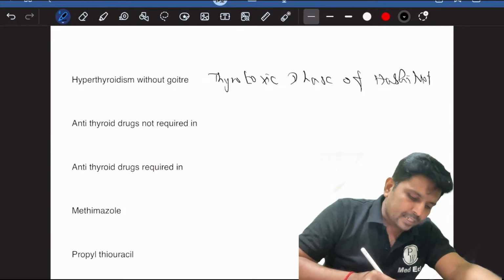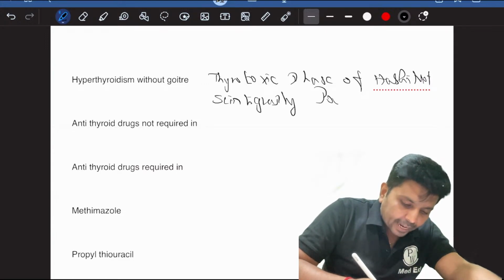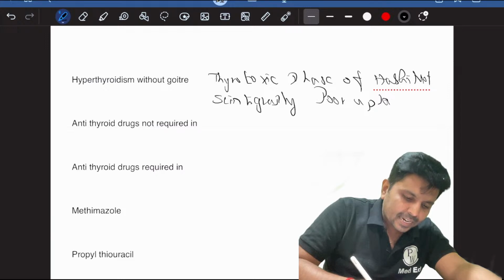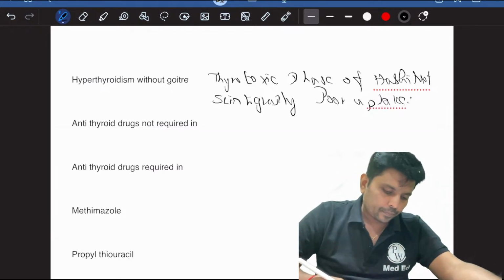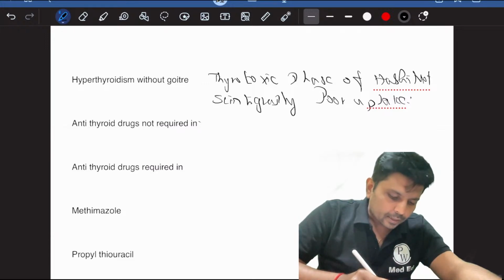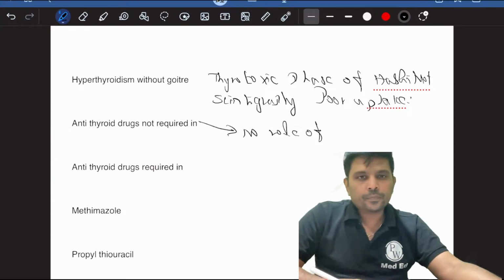When you do a scintigraphy, that is technetium scan, there will be poor uptake because the gland is getting destroyed. Poor uptake. Okay, here there is no role for anti-thyroid drugs.